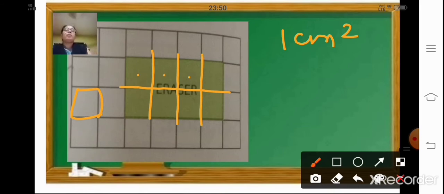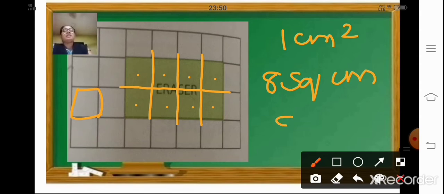So 1, 2, 3, 4, 5, 6, 7, 8. So there are 8 complete squares covered by the eraser. So we can say that the area of the eraser is 8 square centimeter, or you can say that area covered by the eraser is 8 centimeter square.